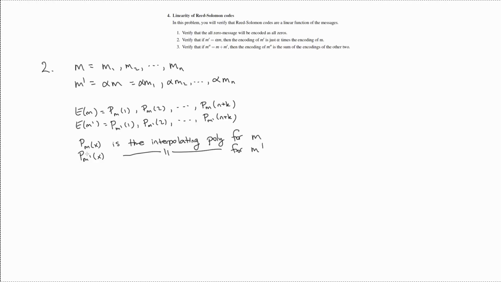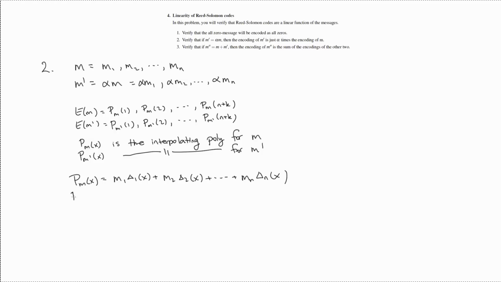Now we know from Lagrange interpolation that p sub m of x is equal to m1 times delta 1 of x plus m2 times delta 2 of x, all the way up to mn times delta n of x.